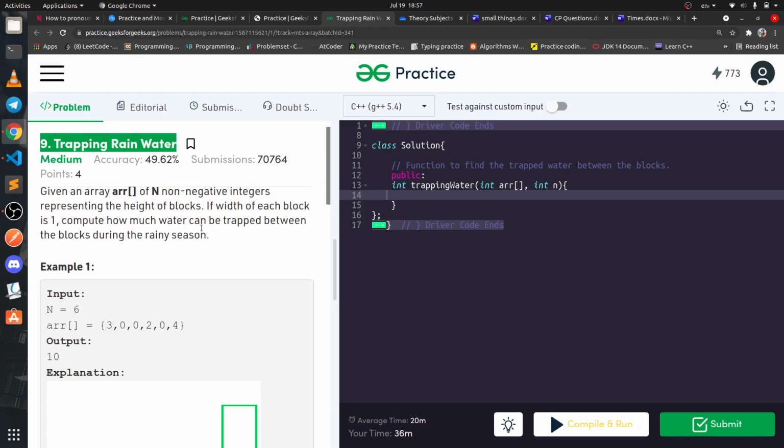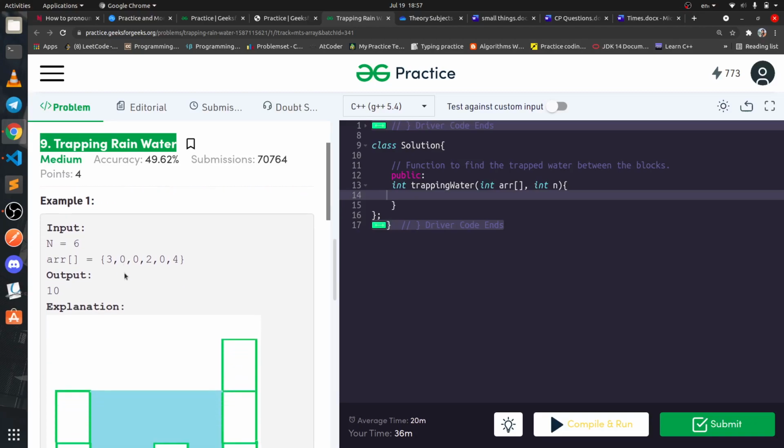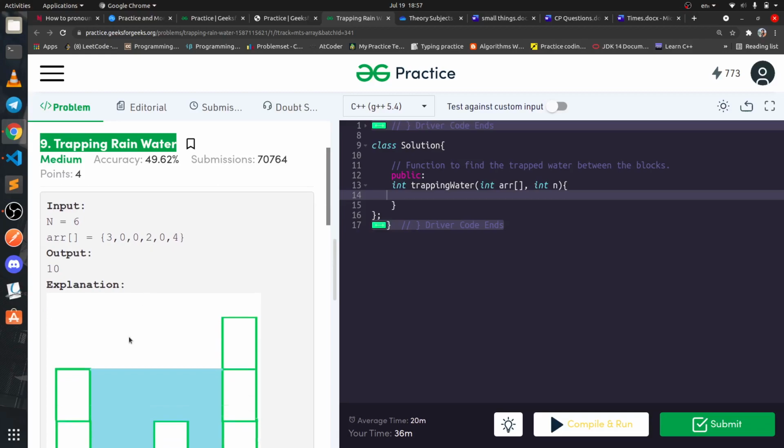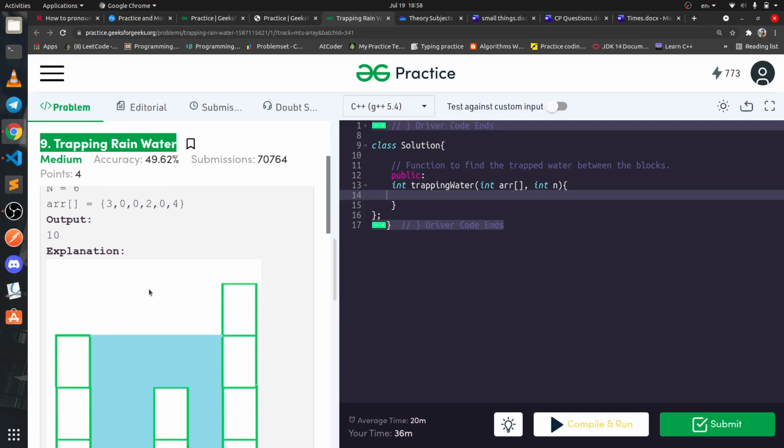Compute how much water can be trapped between the blocks during the rainy season. So we have to find the maximum water that can be trapped between these blocks.